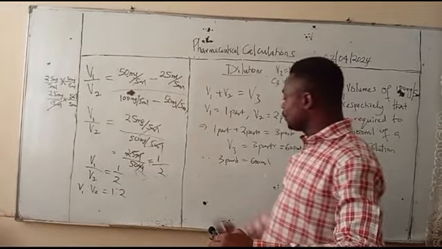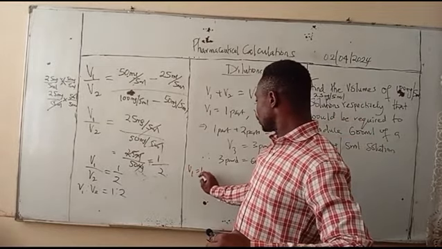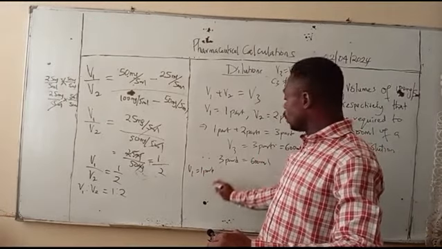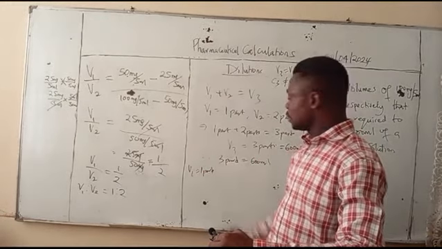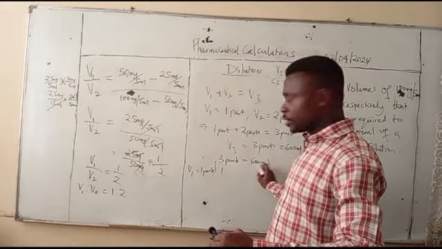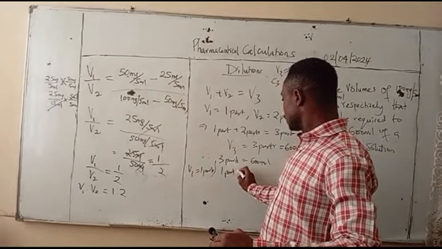So if you want to find V1, which is 1 part, we set a proportion with it. 1 part, 3 parts is 600 ml. 1 part is now how many ml?